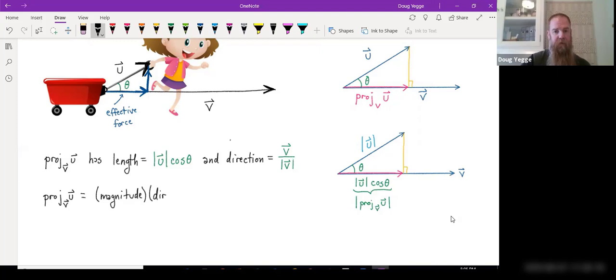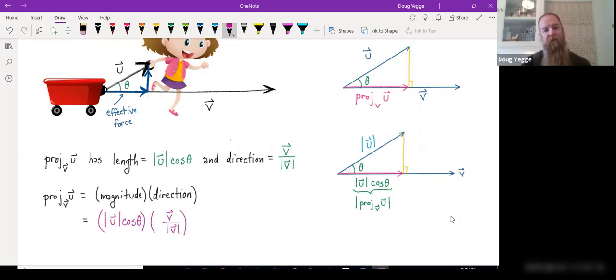It's the same thing we did when we were looking at velocity. Velocity could be written as speed times direction. Projection could be written as the magnitude times direction. So if we were to write that out, the magnitude is the magnitude of u times cosine theta times v over the magnitude of v.